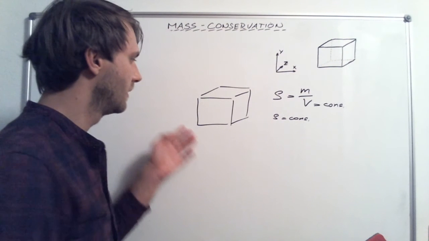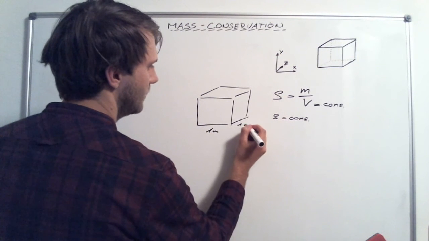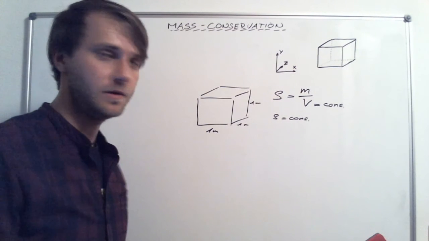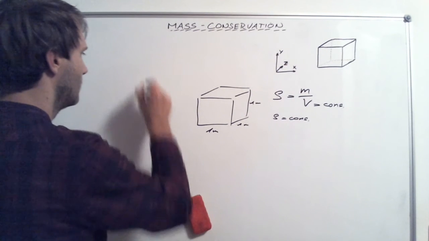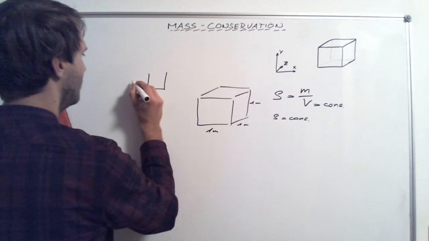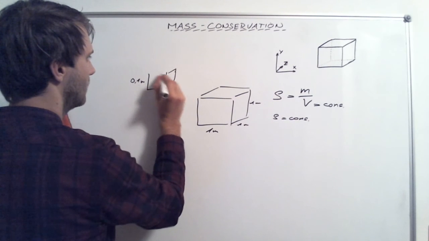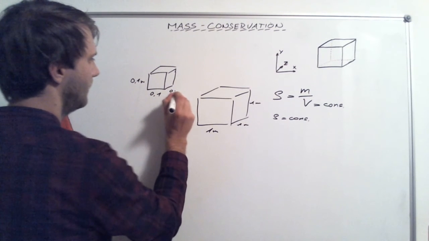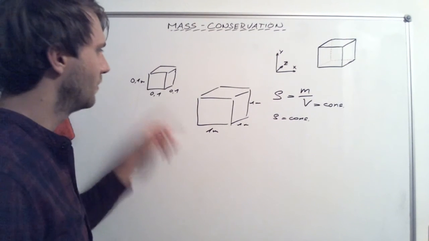If this is 1 meter, 1 meter, 1 meter, we get 1 cubic meter, let's say, of water, and we have here another cube with 0.1 meter, and 0.1, that is completely filled with water, and we just want to put it in.